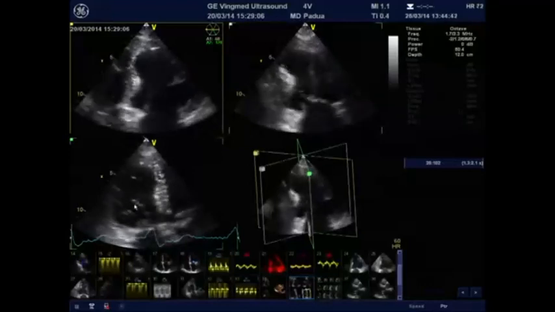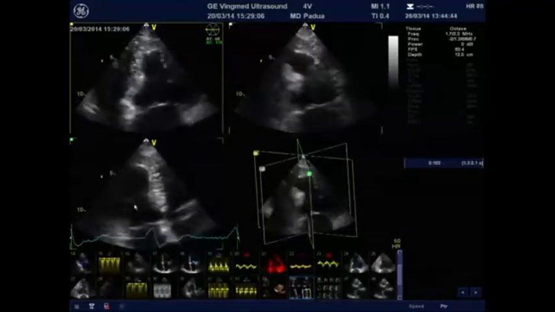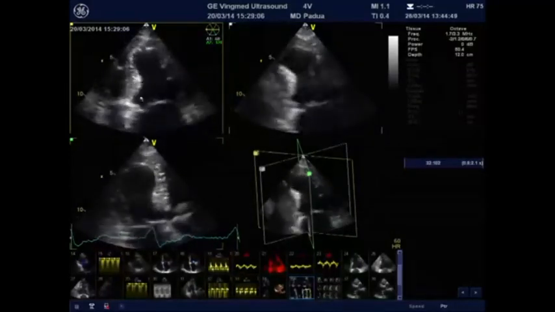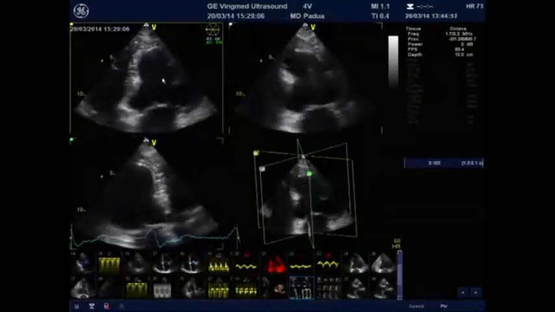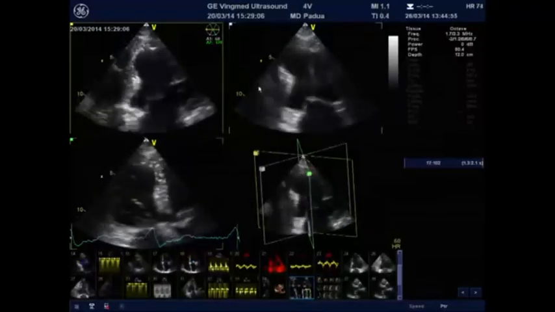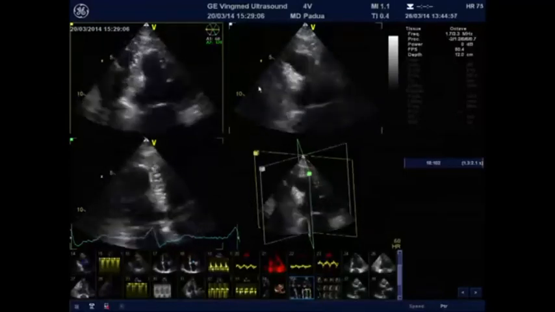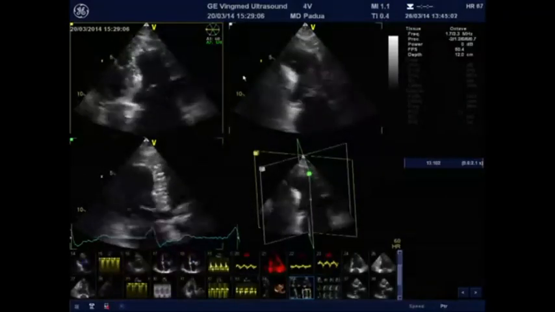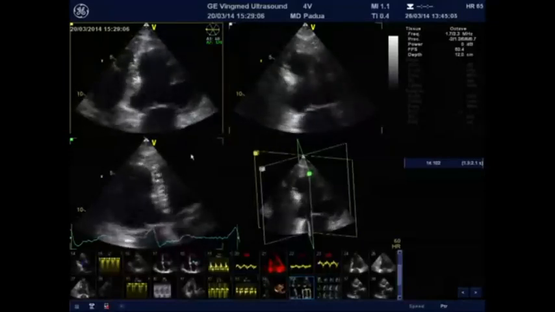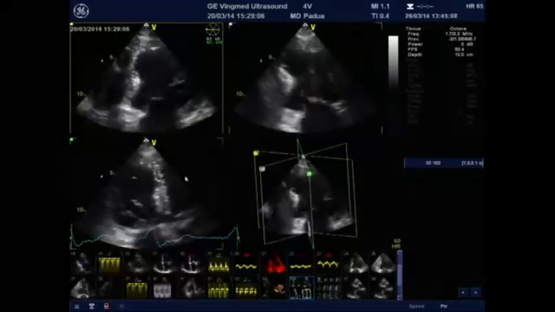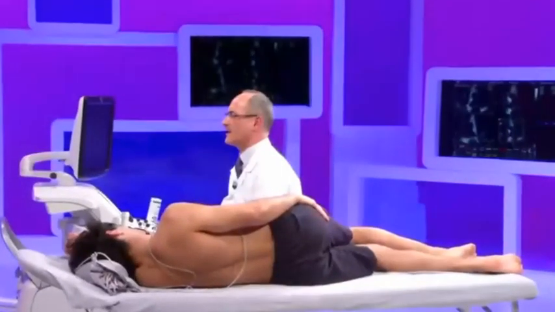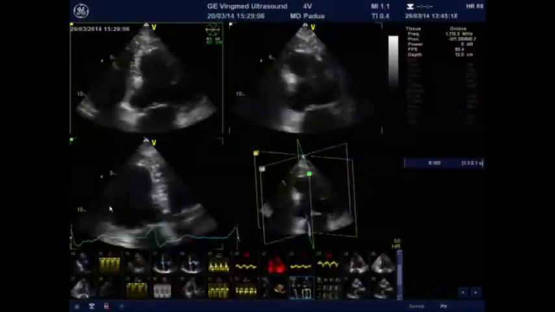This is particularly useful in patients who are in atrial fibrillation or with irregular rhythm, where it's quite difficult to obtain 4-chamber and 2-chamber views at the same heart rate. And also measuring the volumes and ejection fraction using the triplane is much closer to the actual function, because it allows you to take into account the contribution of the anterior septum and the inferolateral wall to the overall left ventricular function.